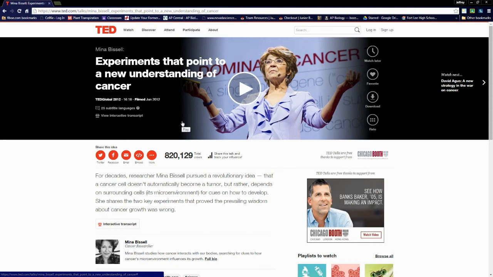So metastasis is what we don't want to hear. It's what happens when the tumor goes from being localized to actually spreading. And that's a point where it becomes far more difficult to treat.